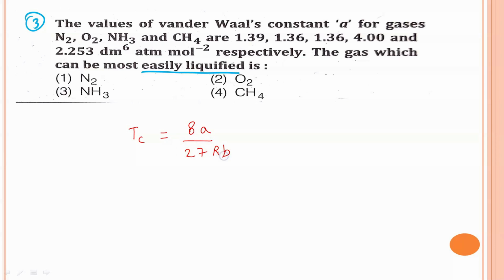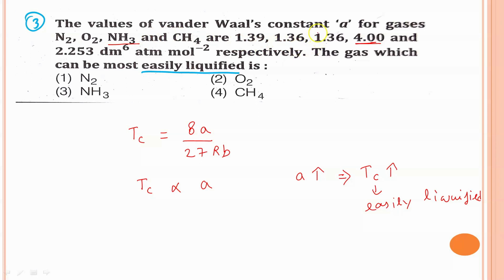So here, as you can see from this relation, Tc is directly proportional to the van der Waals constant A. So a gas having higher value of A will also have higher value of critical temperature, which means that the gas will be easily liquefied. So from the given four values of van der Waals gas constant, the value 4 for NH3 is the highest value.